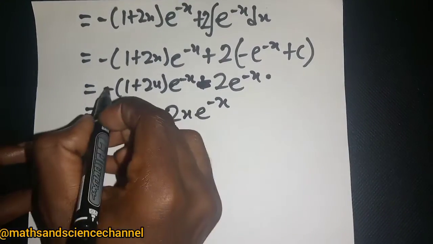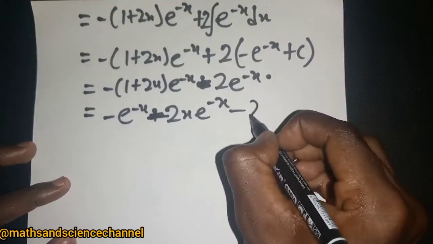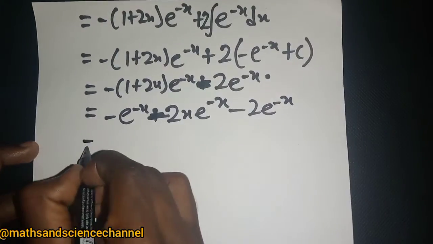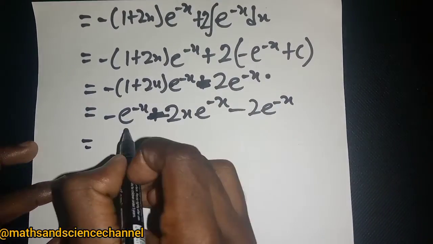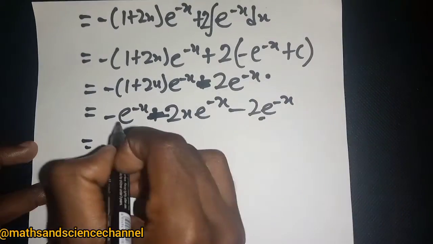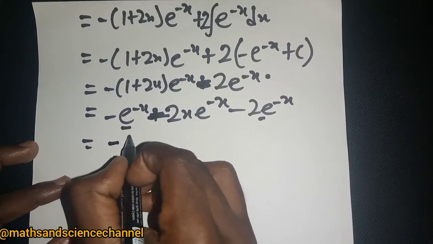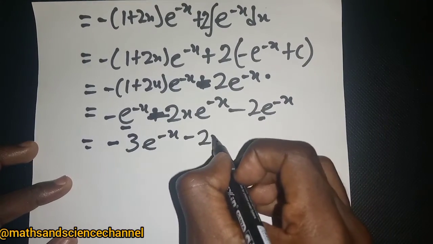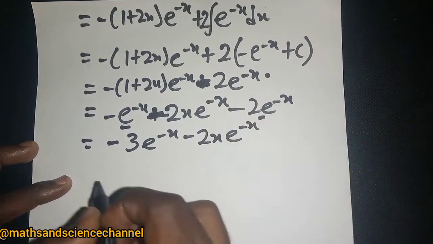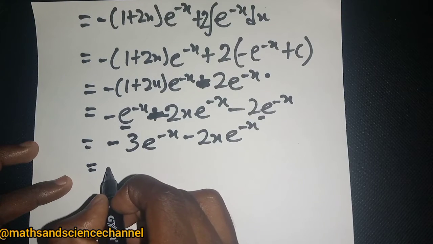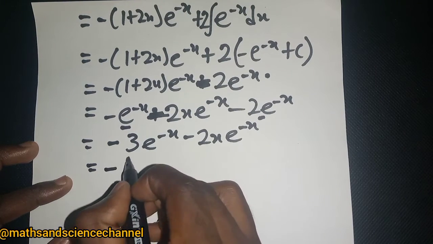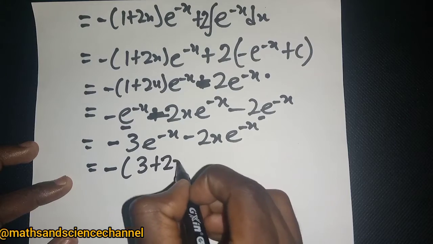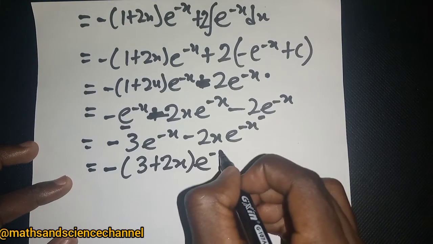It is minus because the negative goes through. So we have like terms, which will give us negative 3 e to the negative x minus 2x e to the negative x. Let's write it this way: negative (3 plus 2x) e to the negative x.